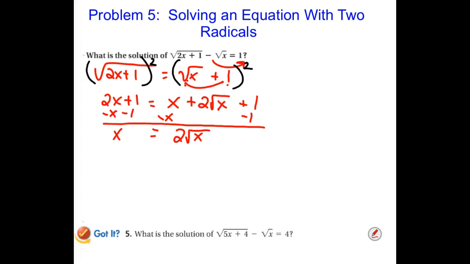At this point, if you are able to get that 2 away from the square root of x without creating fractions, I would do it. In other words, if this problem had been 4x equals 2 root x, I'd go ahead and divide out the 2 right away. Okay? Get that piece away from the square root of x and truly isolate that.